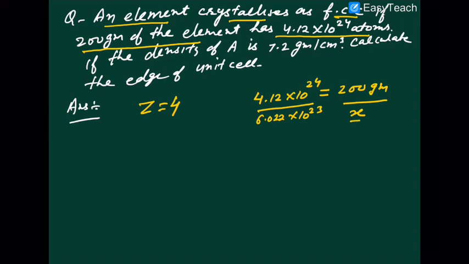So that will be X. X is the molar mass of the compound. Are you getting that or not? So if the density is 7.2, calculate the H.